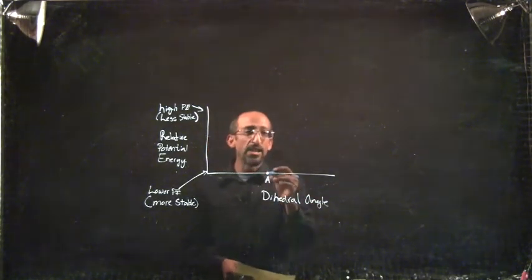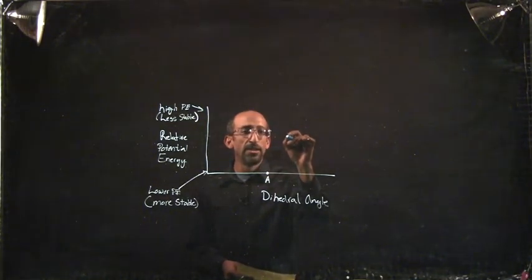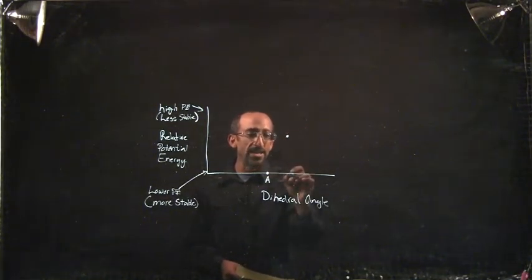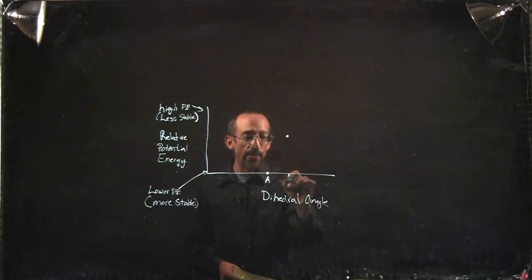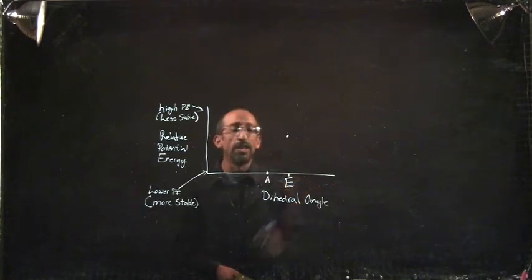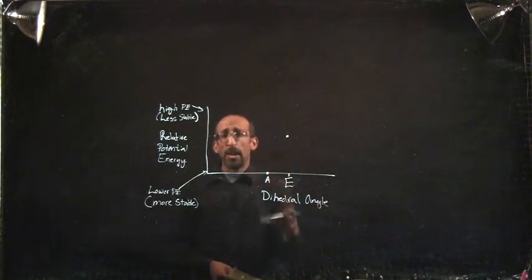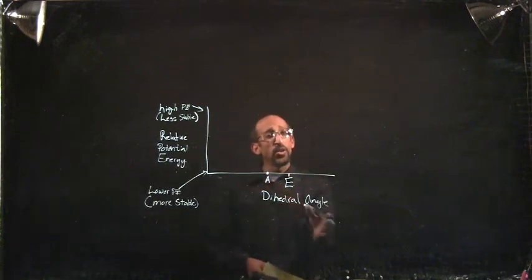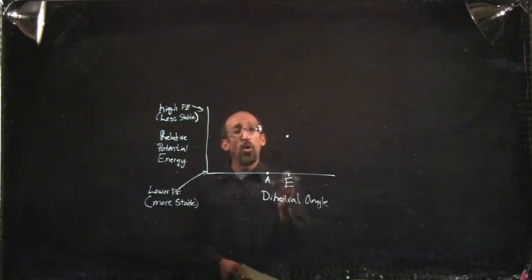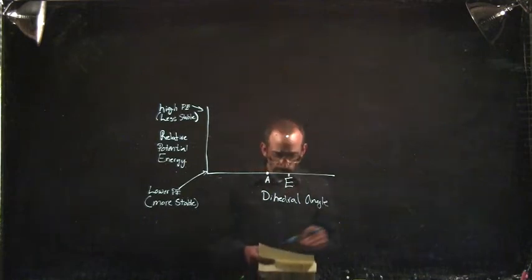So that eclipsed conformation is going to be higher in energy than my anti-conformation. So here now would be my eclipsed conformation. I'm using letters along my x-axis, but you could also put a dihedral angle with its number, or you could just draw a Newman projection under the point corresponding to that conformation.